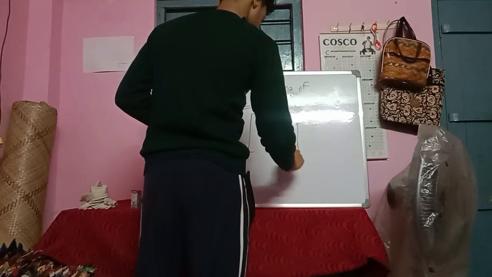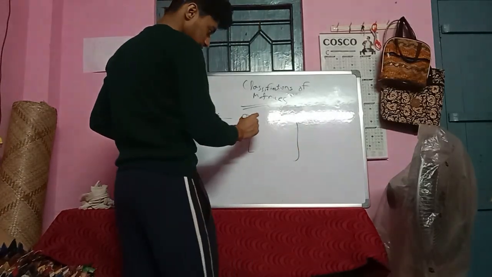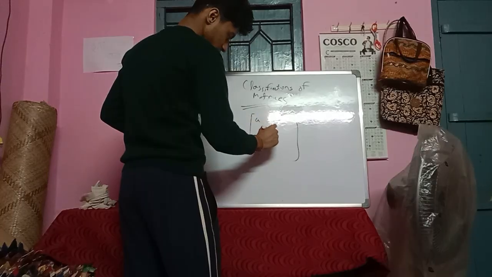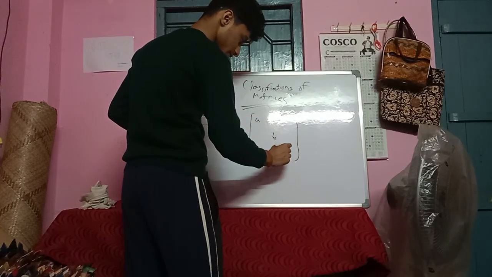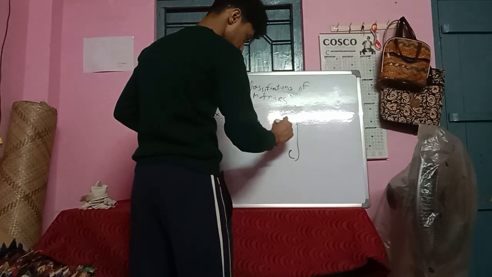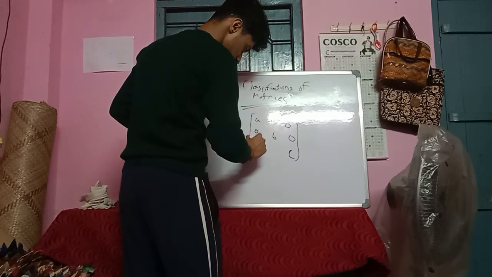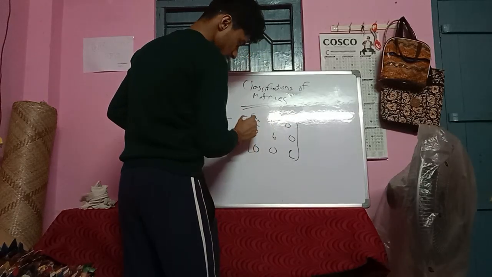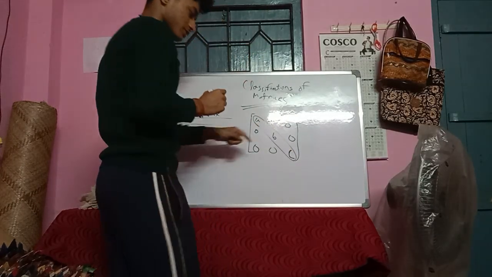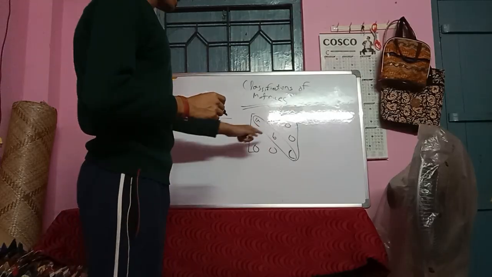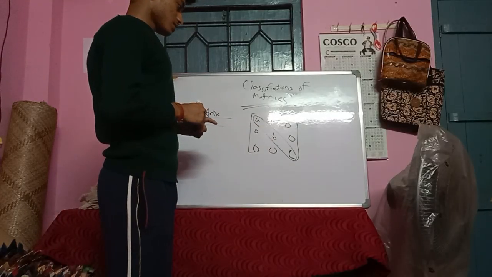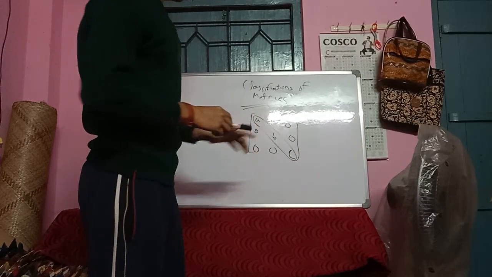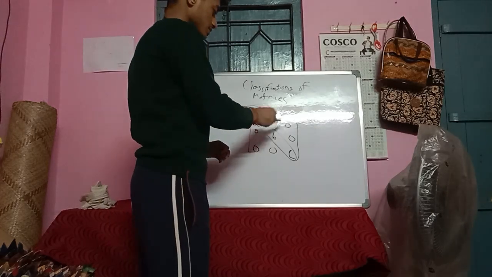Like here we have, let's say, a matrix: A, B, C. This is a square matrix. 0, 0, 0, 0, 0, 0. As you can see, in this diagonal only, this one is known as the primary diagonal, we can find elements that are not zeros, and everyone else is zero.